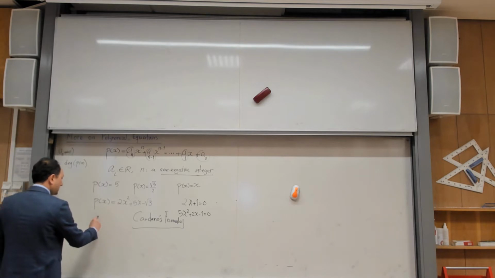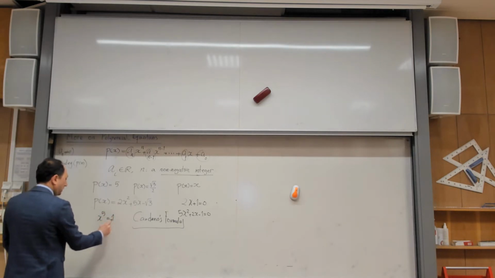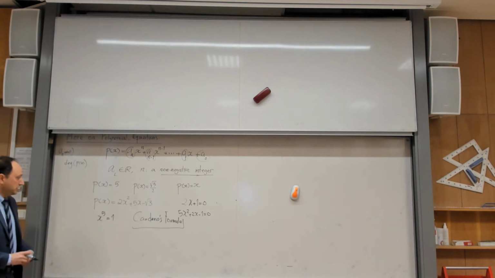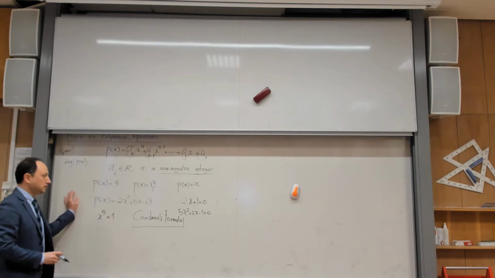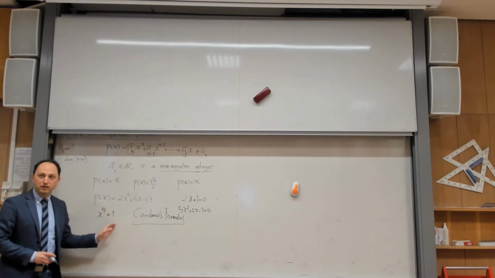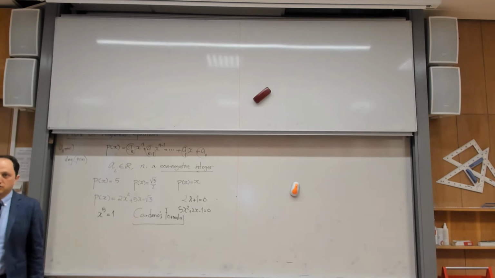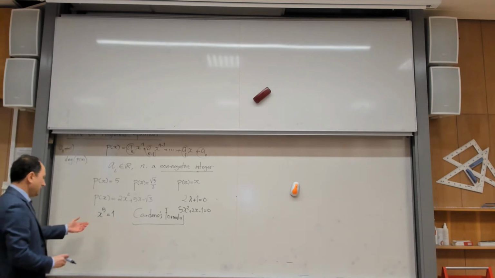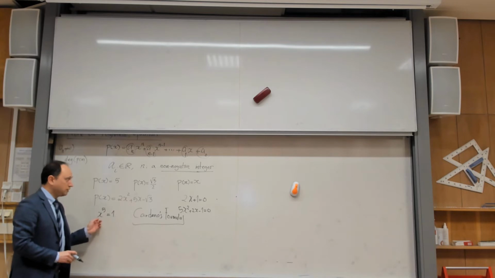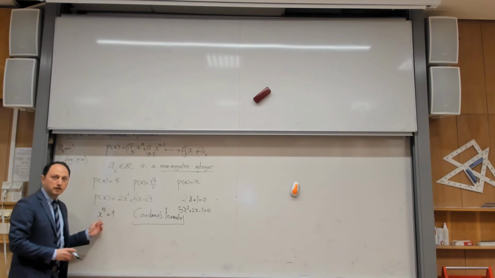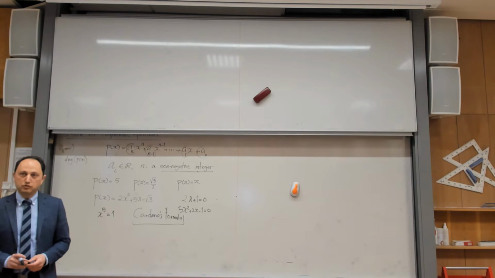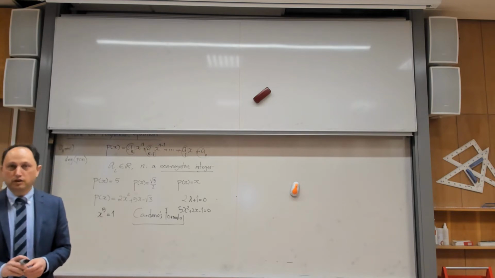If I give you x to the power 5 equal to 1, it's a polynomial equation because the left-hand side is a polynomial of degree 5. And if I ask you to solve it, you can immediately answer that x is equal to 1. But it means that if I write a generic fifth degree polynomial, I don't have any formula available to be able to find all the roots of that polynomial.